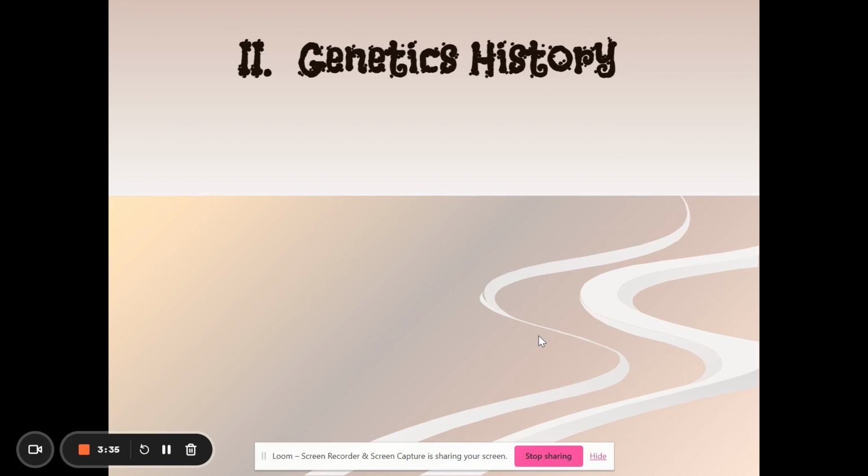And then all of those that put together the pieces from Erwin Chargaff's base pair rules to Rosalind Franklin's X-ray of the DNA showing that double helix, and then eventually Watson and Crick making the first model.